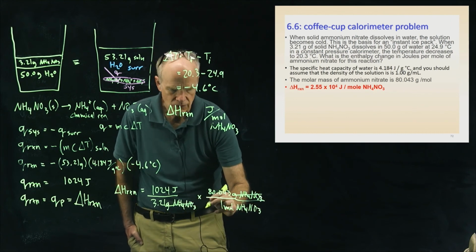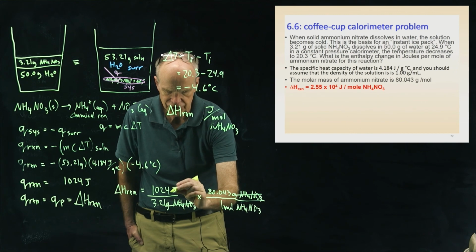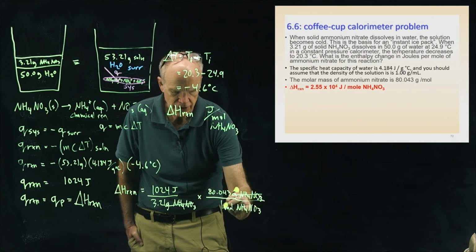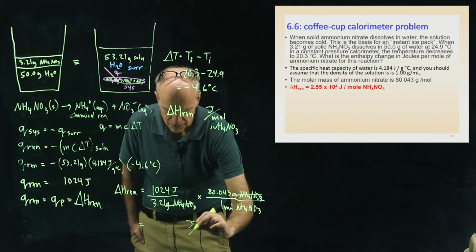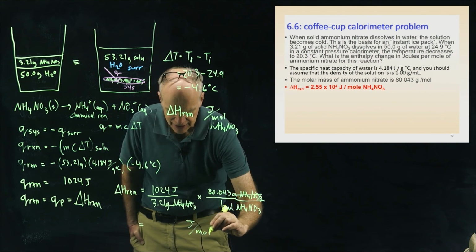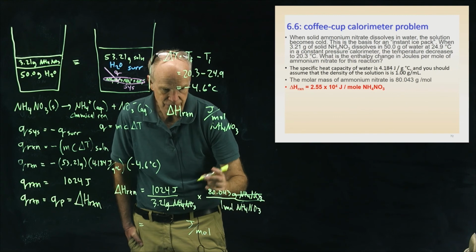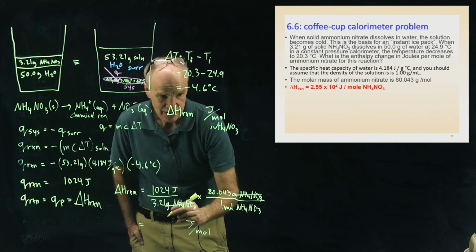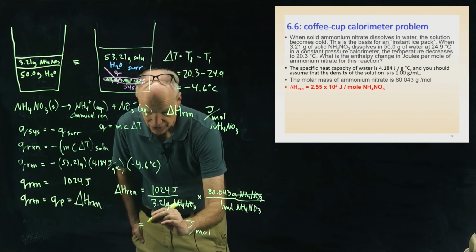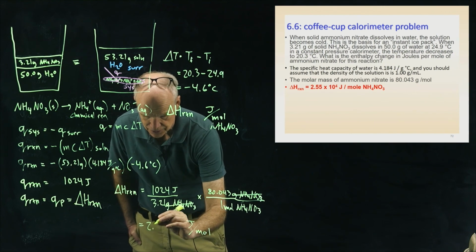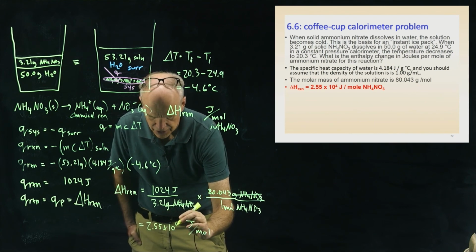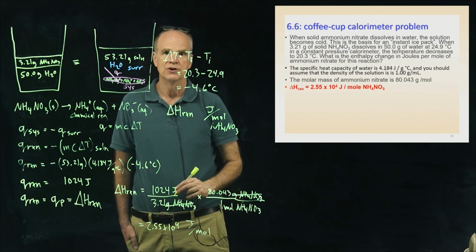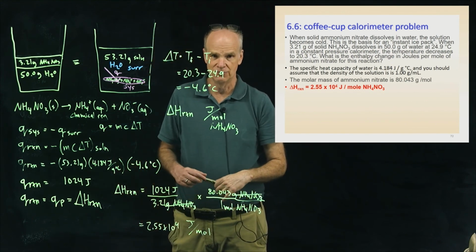So now what we're left with is an answer in joules per mole. I think if you did the math, you would get the number I have there on the screen, and that's rounded to the correct number of significant figures. So the answer is going to be 2.55 times 10 to the 4 joules per mole. Okay, well, thank you for listening to that, and we'll see you next time.